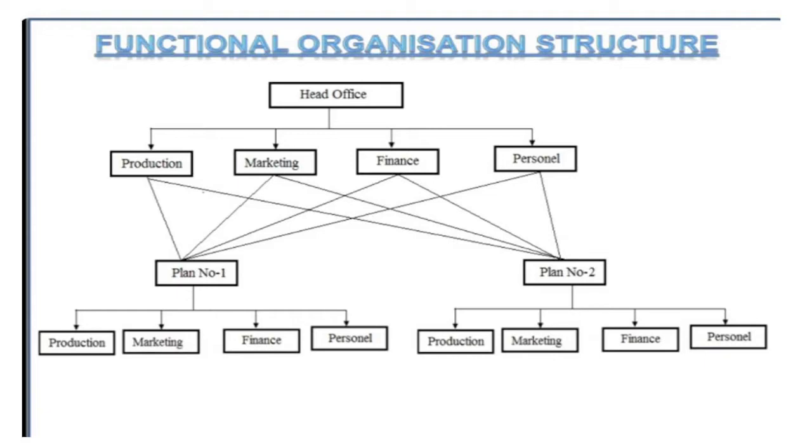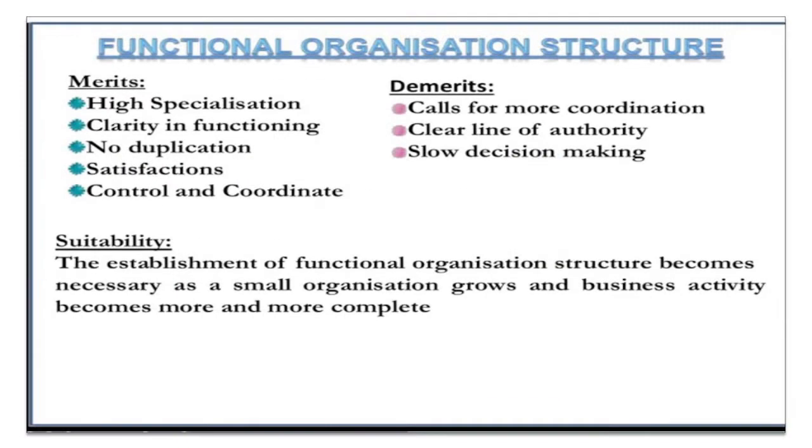These have many manufacturing units, cement manufacturing units. So the general manager production will be looking after all the functions of production at different plants, like finance and everything. So this is the functional organizational structure.